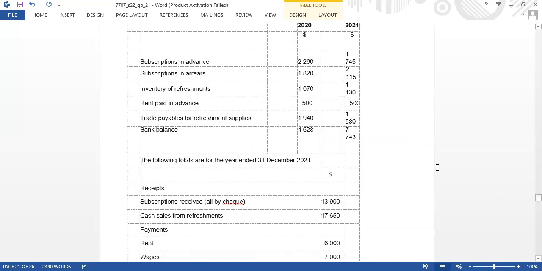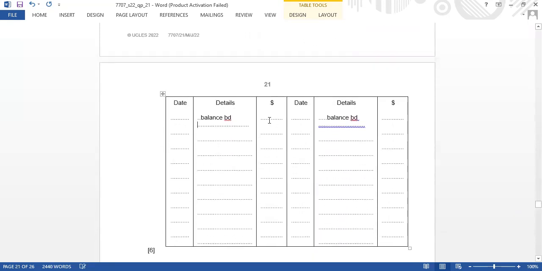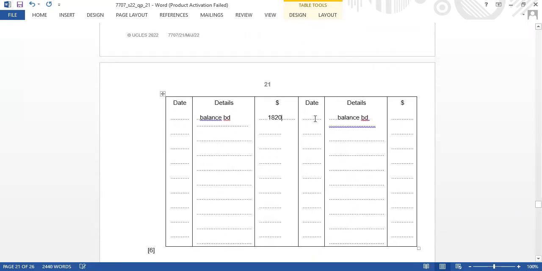Subscription in advance. 2020 will show us the balances b/d, the opening balances, and 2021 will show us the closing balances. Balance b/d 1820, that means subscription arrears. Subscription is our income, so subscription in arrears, that means this is an asset. 1820. Balance b/d of advance or pre-received subscription would be 2260.